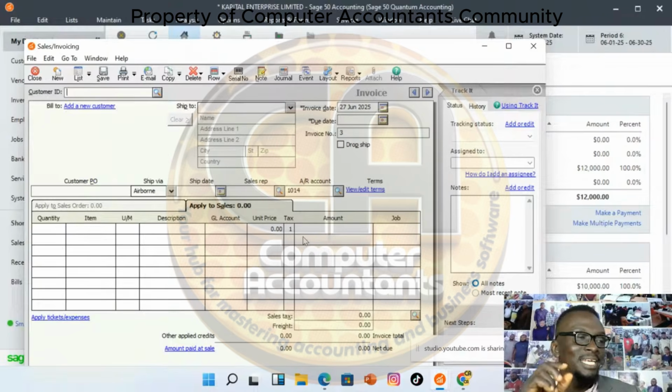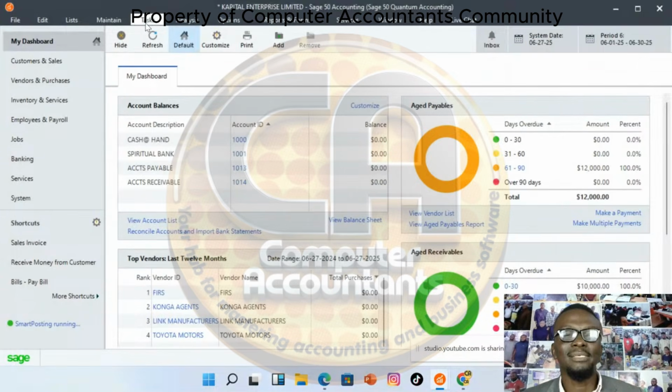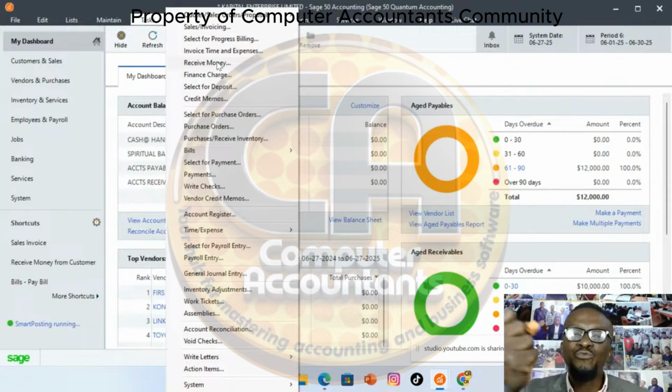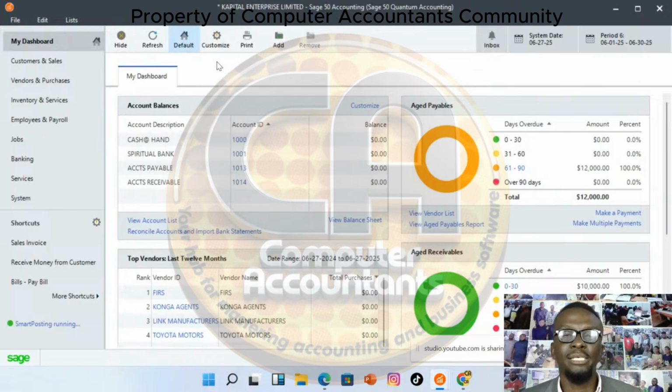Sold 2 body lotions to Billy Body Care Limited at 2005 by cash. It means that Billy Body Care Limited is paying us in full. So how do we take care of this? You go back to tax and select receive money, because we are receiving money in full from Billy Body Care Limited. So let's go.